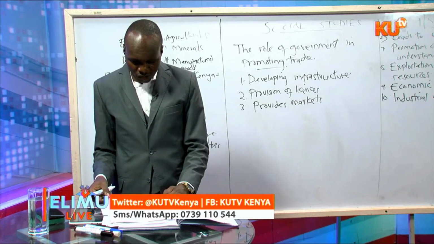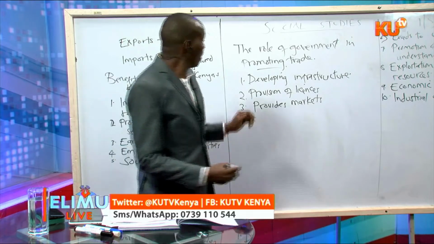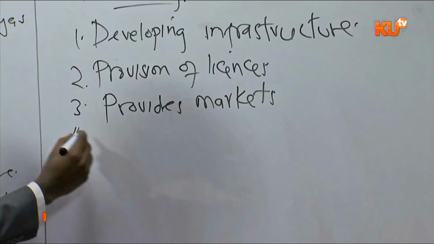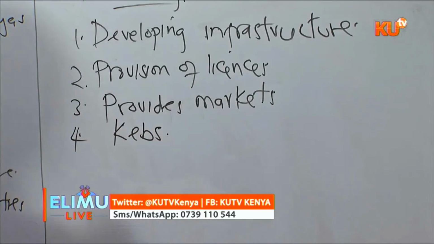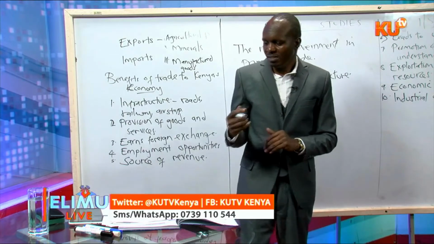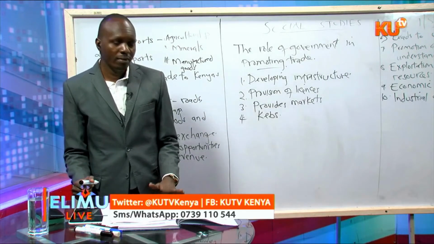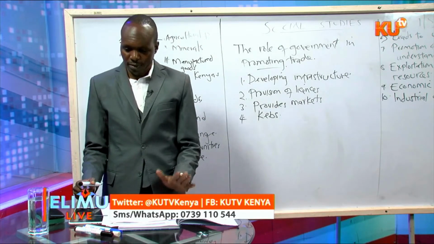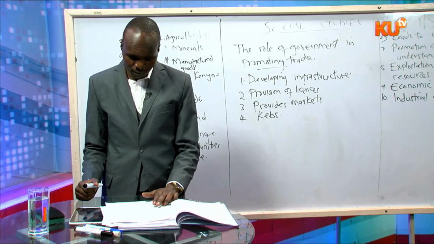The government also has set up KEBS, Kenya Bureau of Standards, which ensures that the goods being sold to the citizens are of good standards, which will not cause any harm to the citizens.